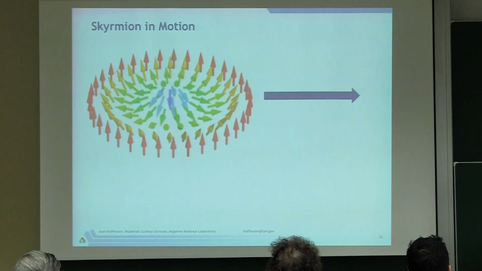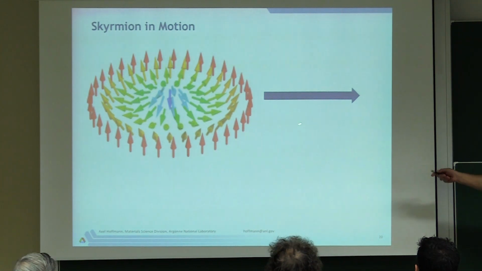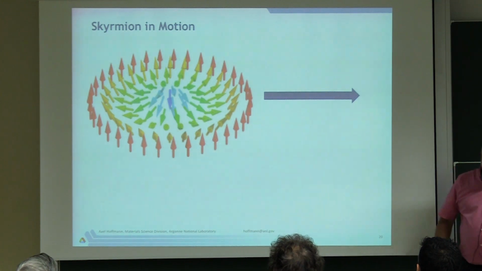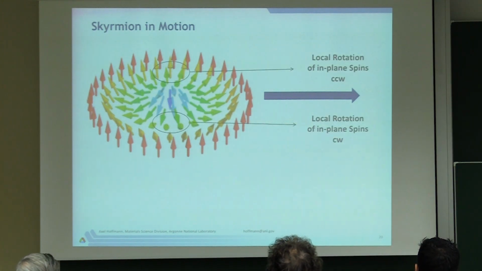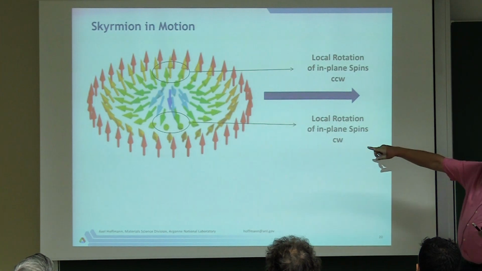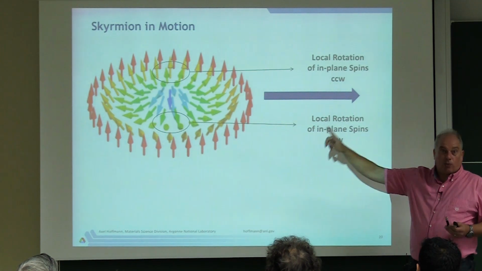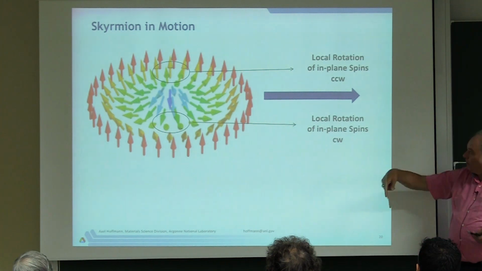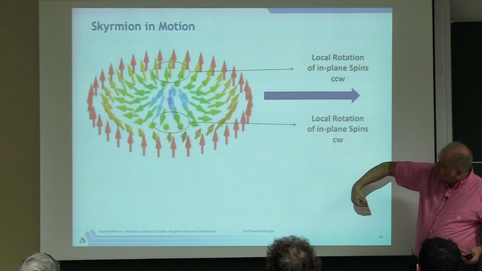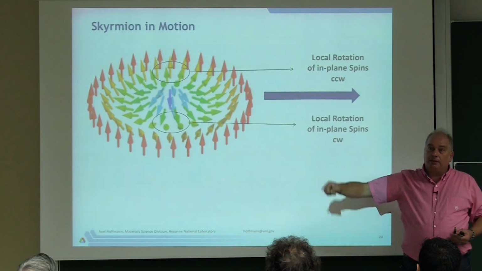What you do is you locally rearrange them so that the structure as a whole moves. So if you take a skyrmion from here and move it in this direction, what you have to do, if you look carefully, is the spins on the top side of the skyrmion have to move counterclockwise in order to make the skyrmion move this way, while the ones on the bottom have to move clockwise.